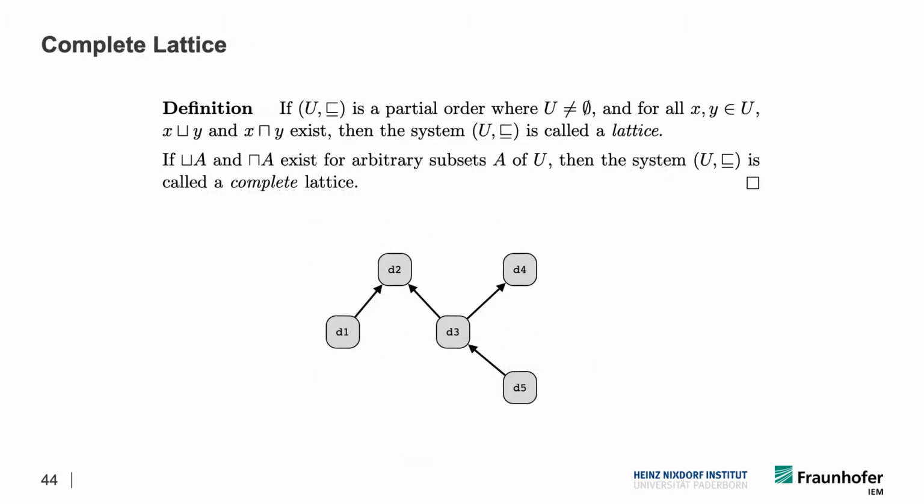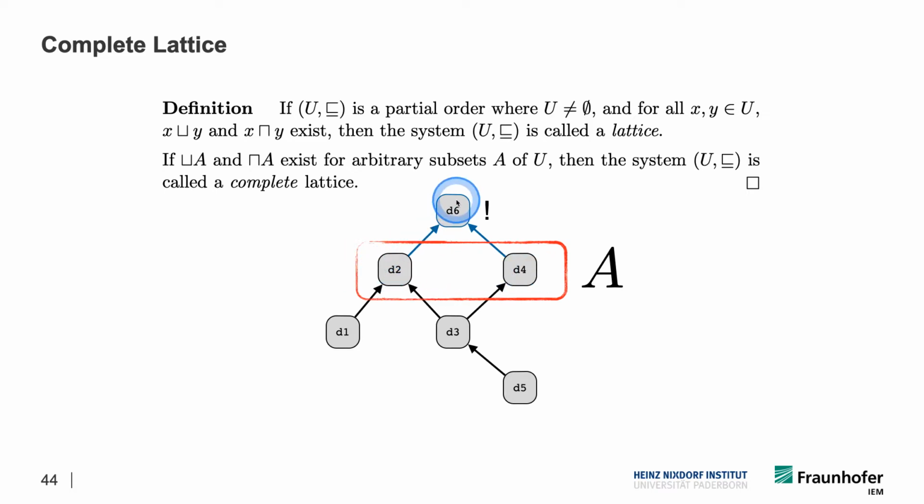Now, based on that, we can have the notion of a lattice or also a complete lattice. So again, let's assume we are choosing some subset of elements A in this partial order here. Then if we demand that such a least upper bound of these two elements here exists, right?